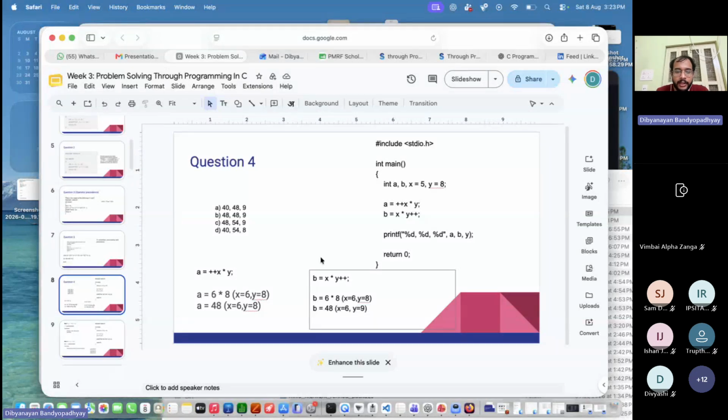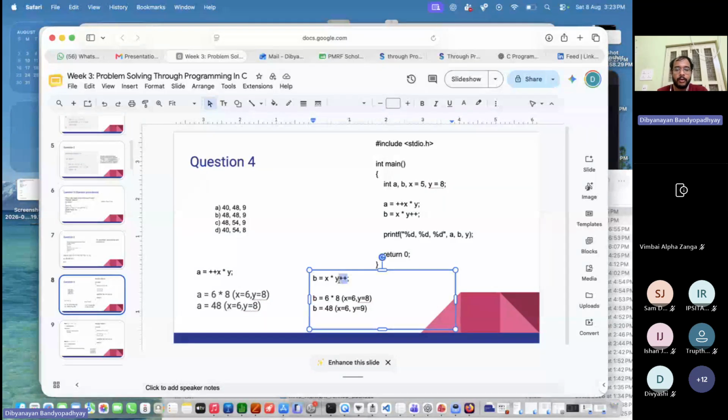You understood up to this point, I think. So A is 48 and X is 6, Y is 8. What happens if you see B? B is basically X into Y plus plus. Whenever you see any pre-increment or post-increment operator, you just forget about the increment operator at first, and then you perform the operation based on the increment operator. If you see plus plus after Y, it is a post-increment operator.